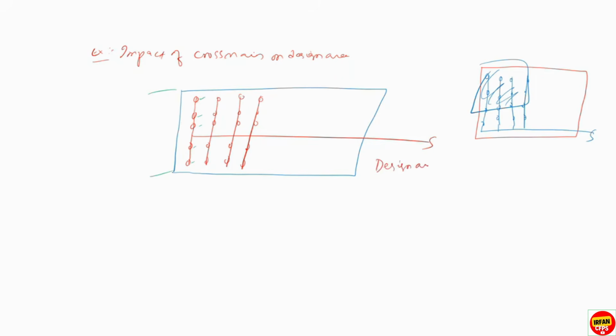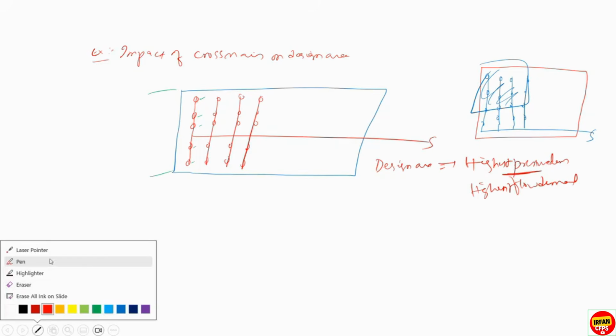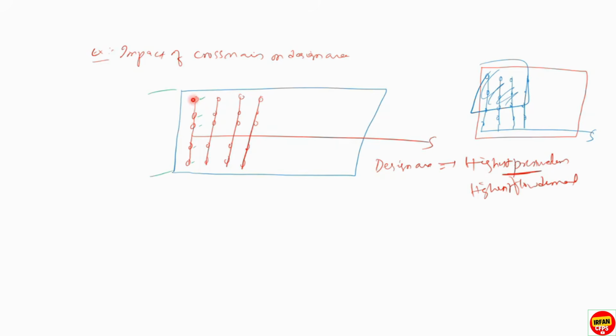Just remember, when you select the design area, you need to check for highest pressure demand and highest flow demand. Highest pressure demand means the sprinkler that is in the remotest location. But the highest flow demand is not this one.